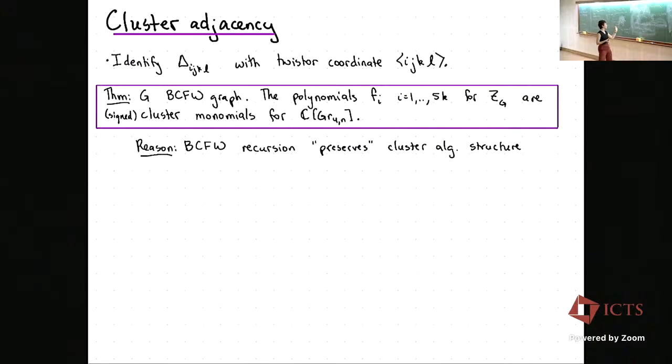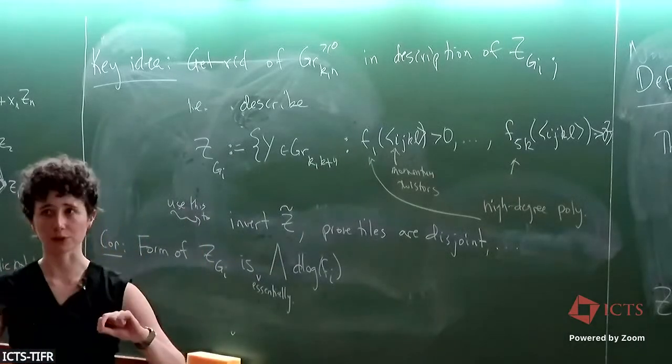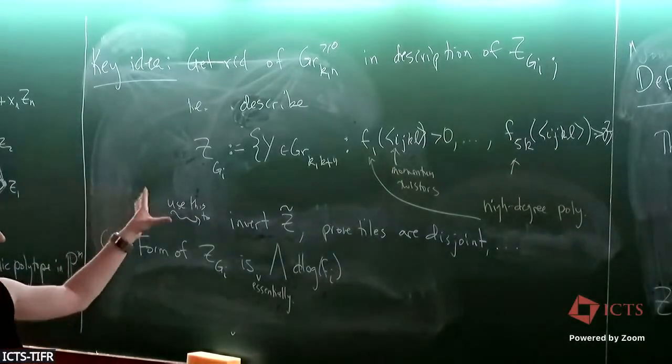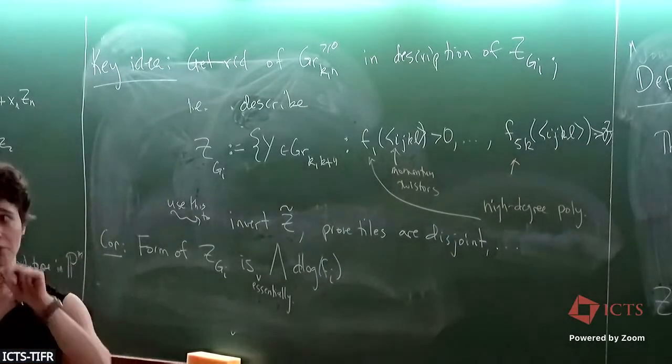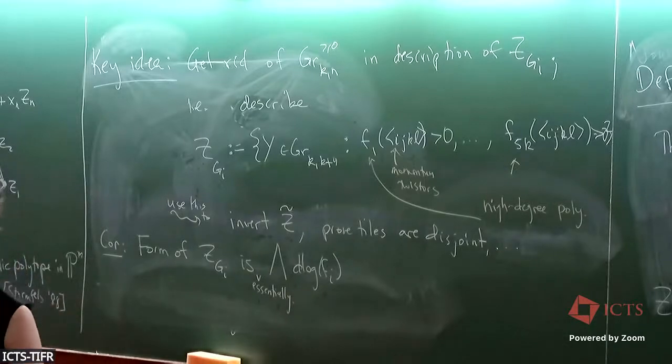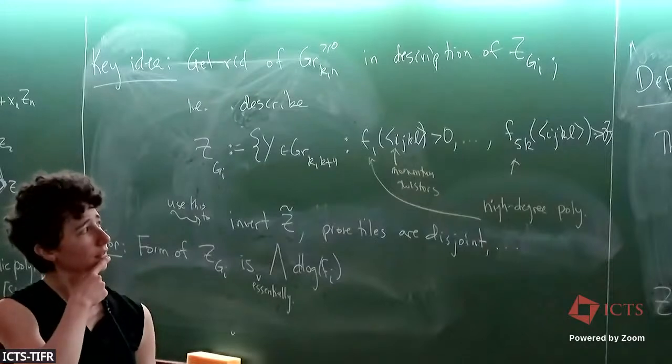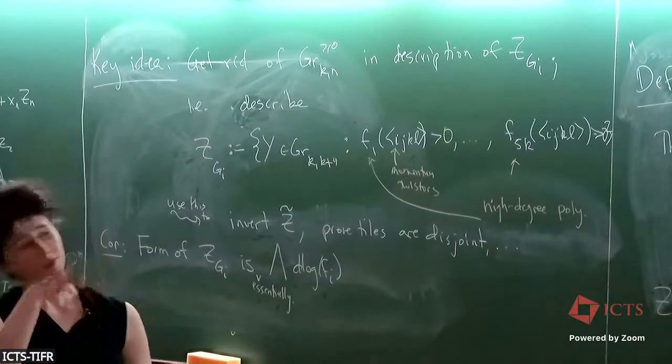I would say also, we have a version of this theorem that uses the cluster variables themselves instead of these cluster monomials. In that situation, you can say the tiles are cut out just by some compatible cluster variables having a specific sign. Thanks. Yeah, right. Okay, never mind, it's not that important.